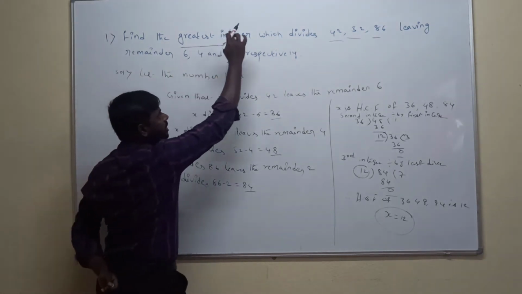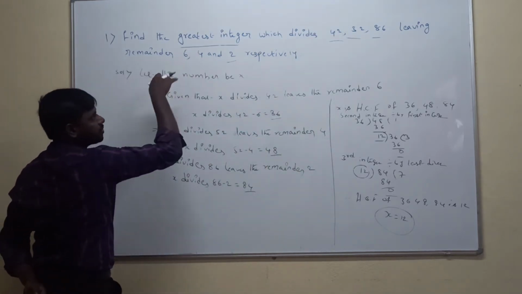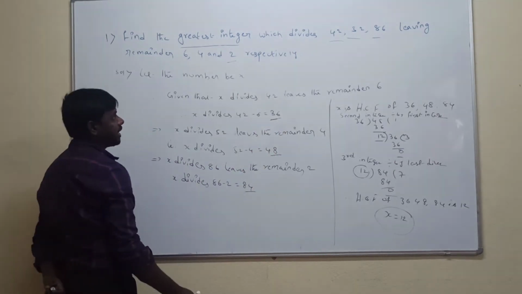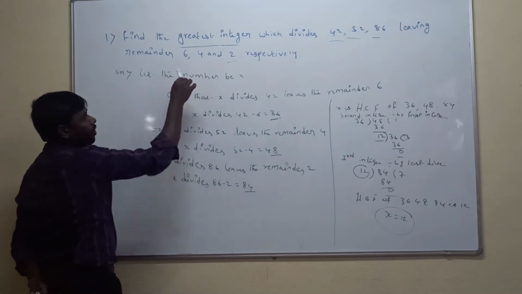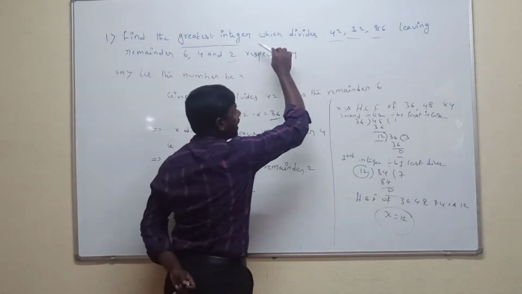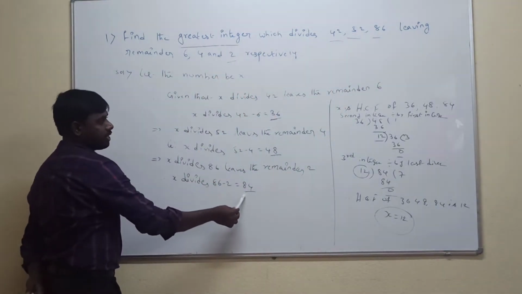Now x divides 42, leaving the remainder 6, so 42 minus 6 is 36. x divides 52, leaving the remainder 4, so 52 minus 4 is 48. x divides 86, leaving the remainder 2, so 86 minus 2 is 84.